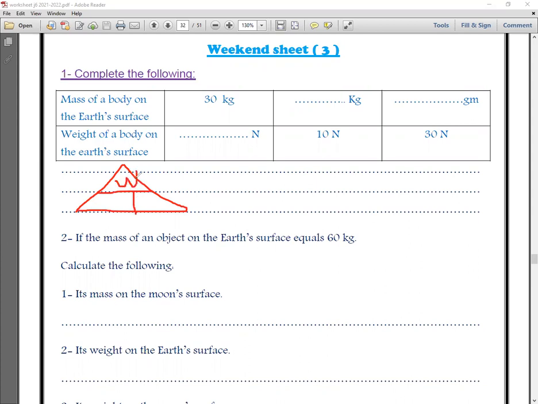Weight on earth equals mass times 10, and here weight on earth.